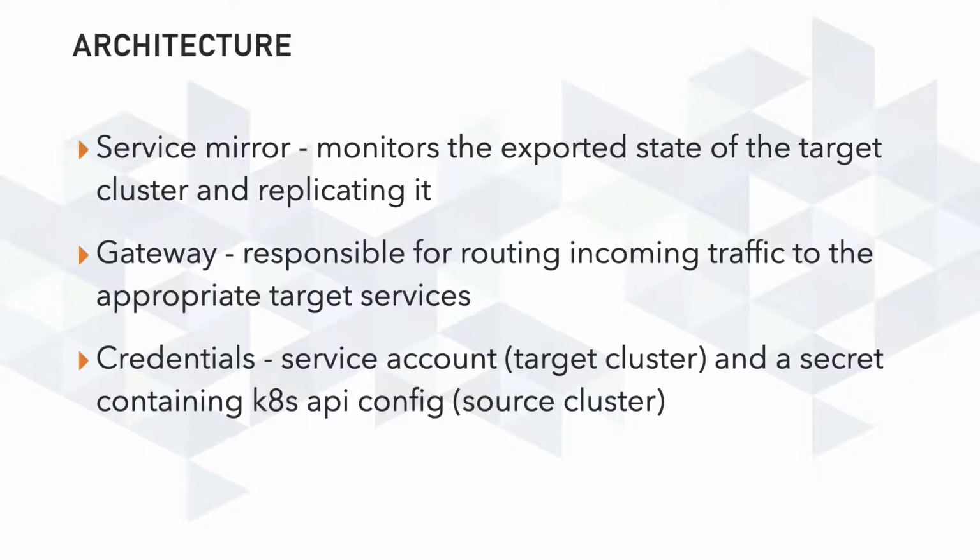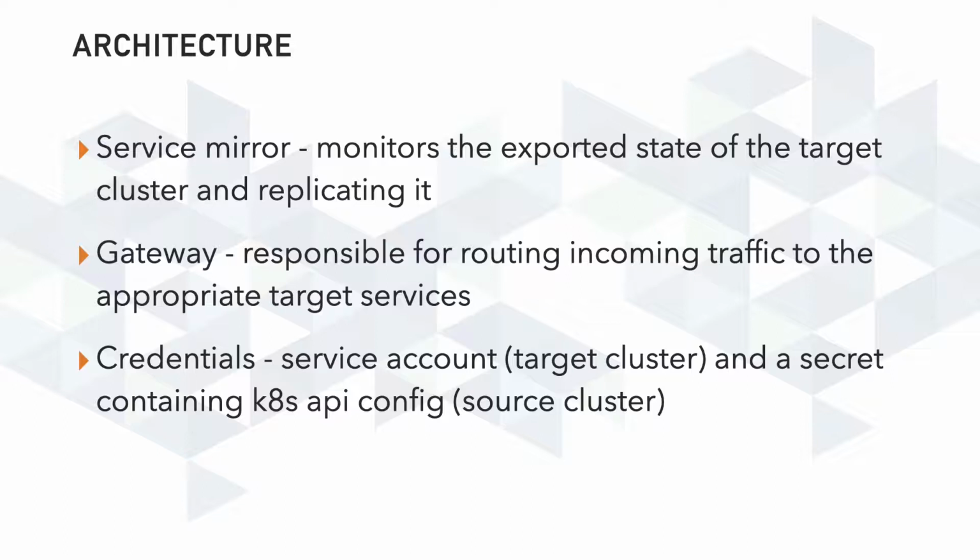The service mirror is responsible for monitoring the exported state of the target cluster and replicating it. It uses Kubernetes informers and the Go API client to continuously monitor the set of services that are exported on a target cluster and create proxy services locally.